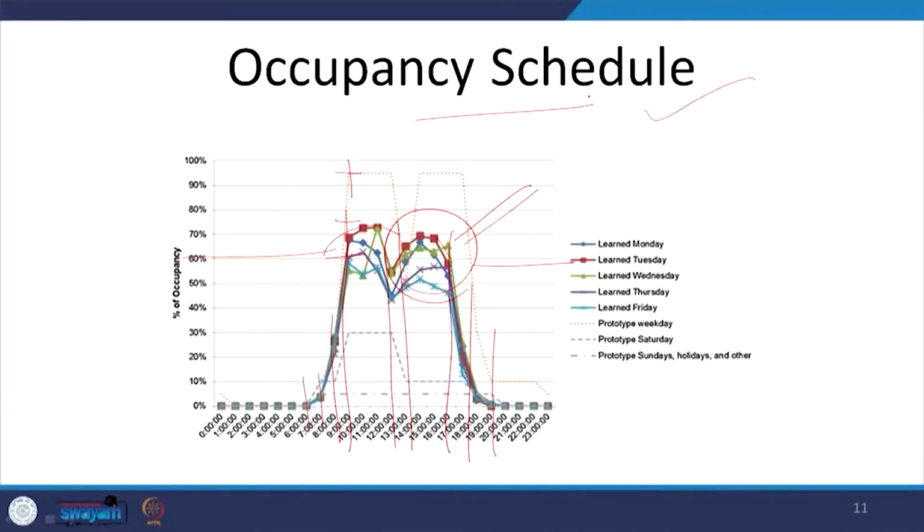Because occupants are not there, based on this occupancy schedule, we can schedule how the HVAC, mechanical ventilation and lighting would be functioning, and thereby achieve energy savings through the active systems. So, the occupancy schedule is very important, and on the basis of it many other schedules are also decided.